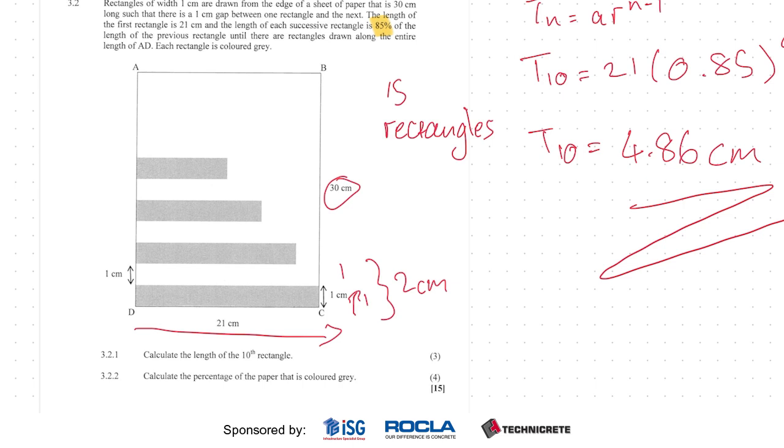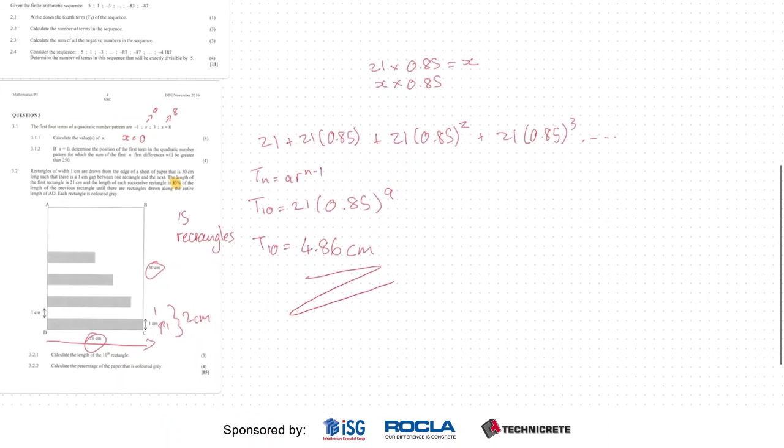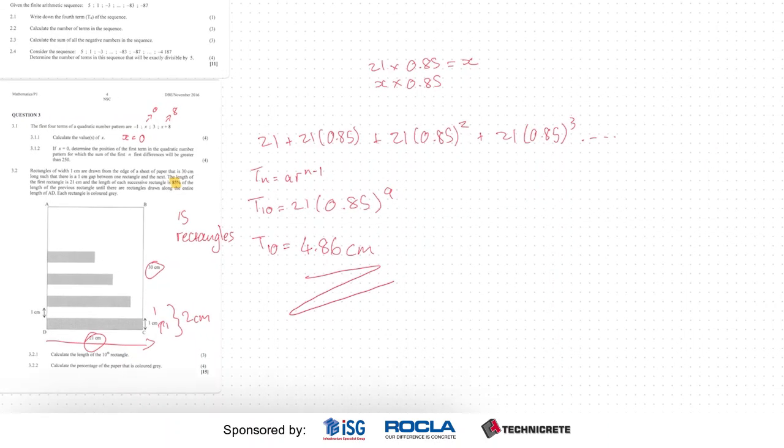And we can figure out the total available area of this sheet by saying 30 times 21. Then we can take a percentage to see how much of the paper is actually gray. Okay, so we have a strategy. So let's do it. Let me make some space.